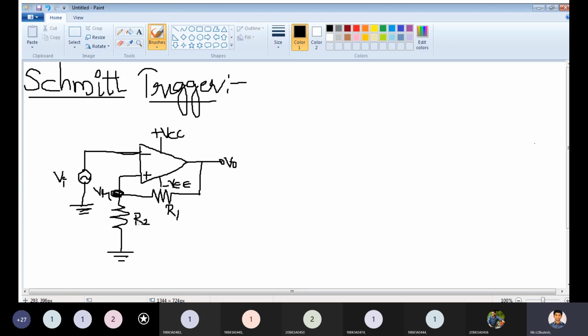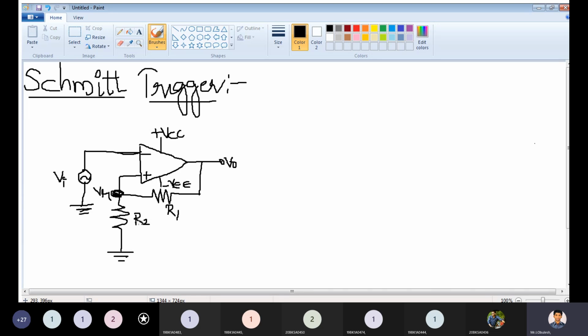So when V input is slightly more positive than V reference, the output gets driven into minus V saturation level. Why will the output voltage be driven into minus V saturation level?